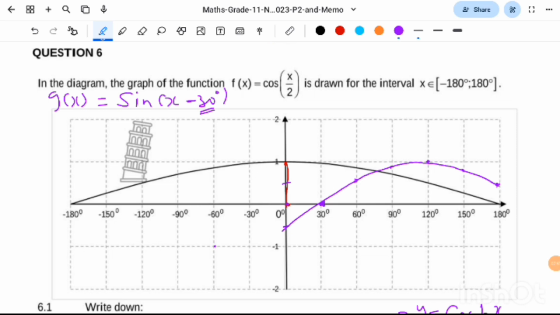It will come somewhere here, and then sine minus 30 minus 30, which is negative 0.8. So it will be something like that.